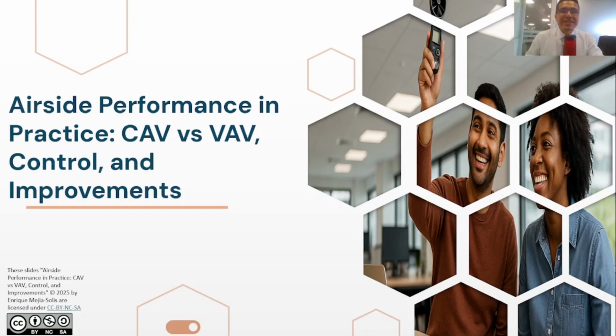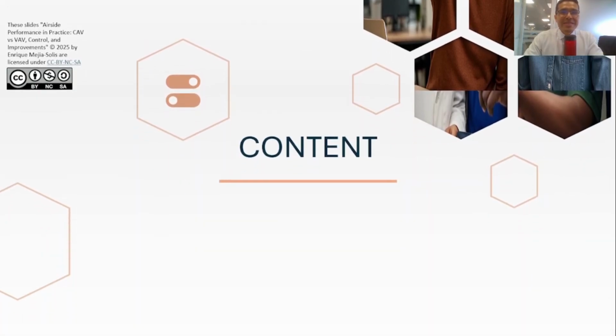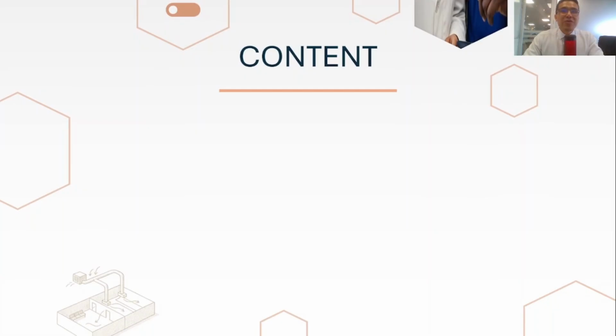Welcome! In this video, we will compare the energy behavior of constant air volume (CAV) and variable air volume (VAV) systems and understand why and when each is appropriate in practice. We will cover 5 segments.